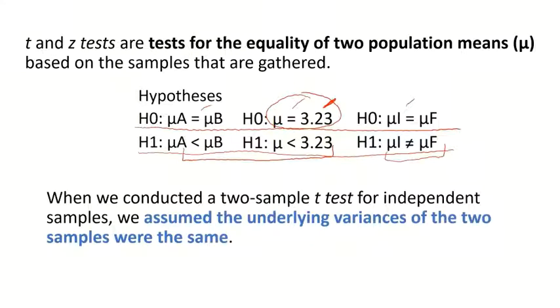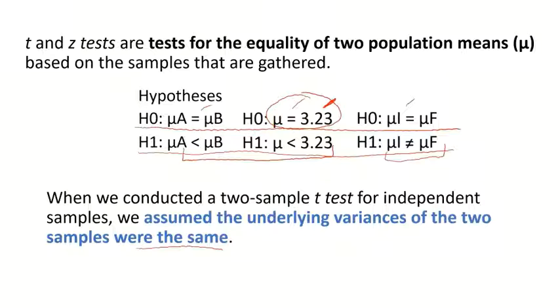So far, when we performed the t-test in Microsoft Excel, if you can remember that, we have been assuming that the variances of the two populations that we were testing were the same. But that is not a safe thing to do all the time.